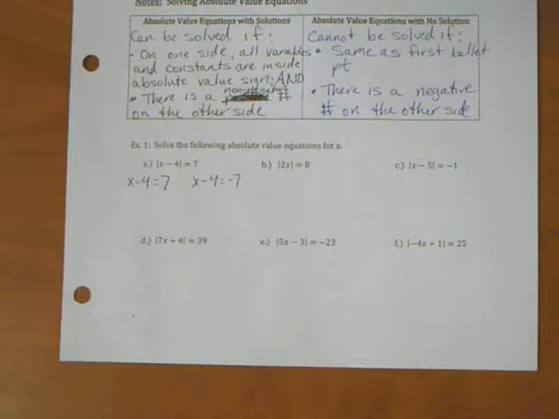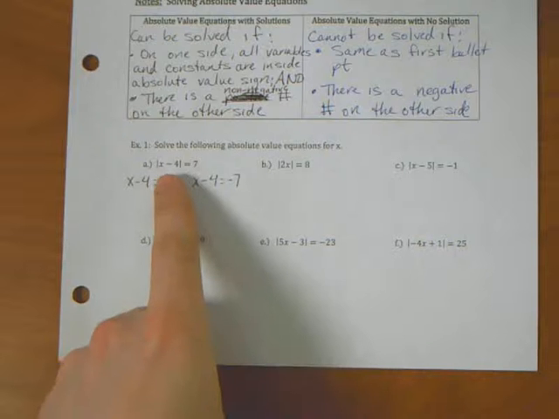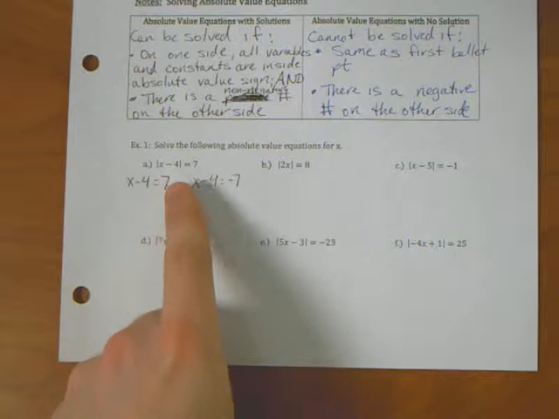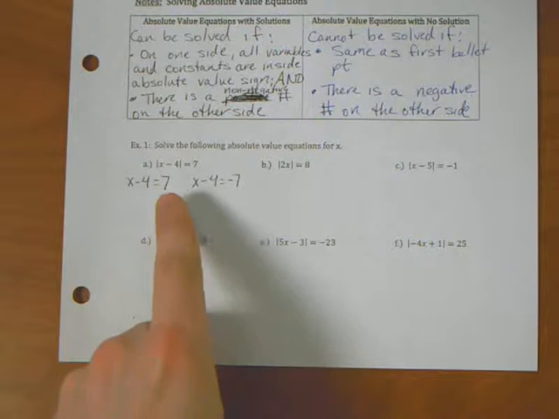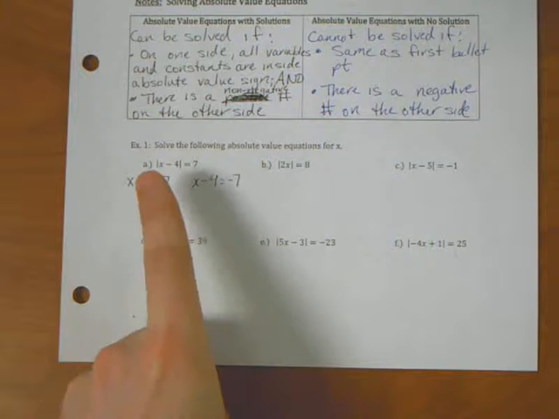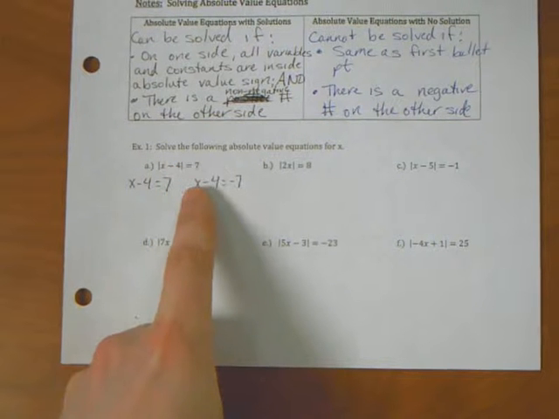Why do you think that is? So when you put something into the absolute value, you need to know how far away it is from 0. So, in order for this inside to have an absolute value of 7, x minus 4 must equal 7, or it can equal negative 7.